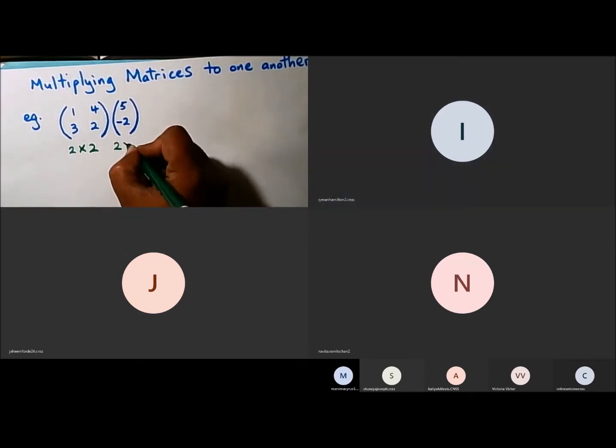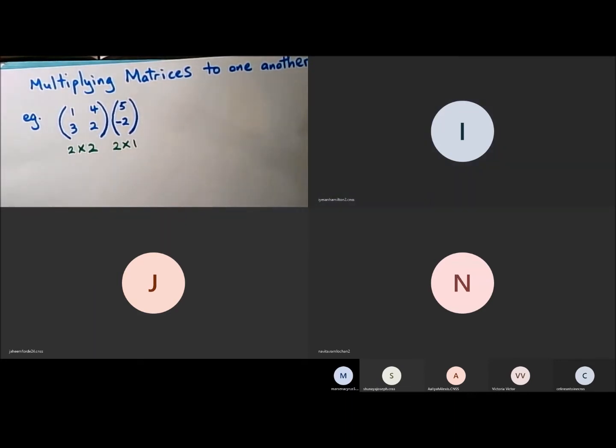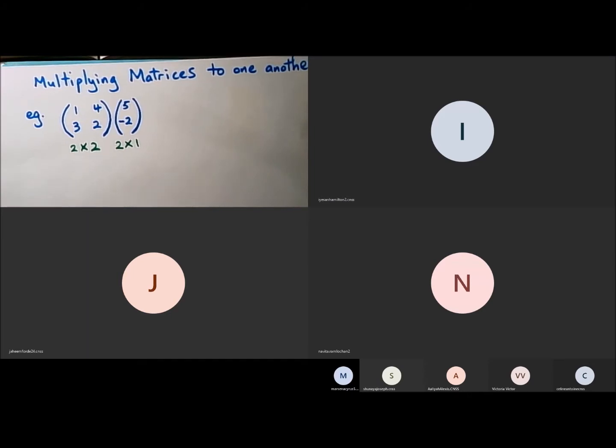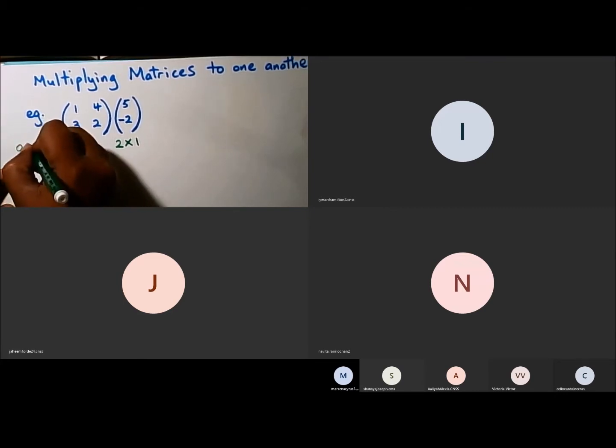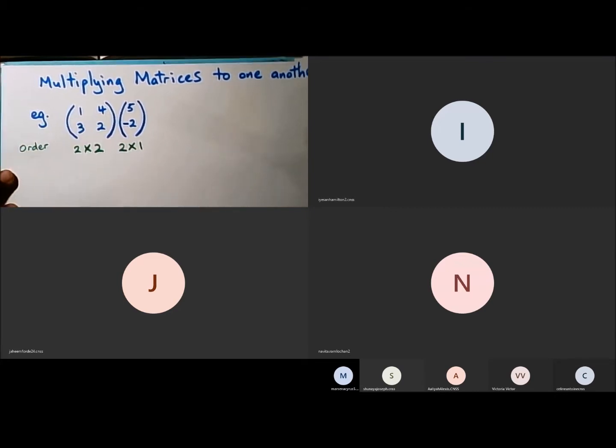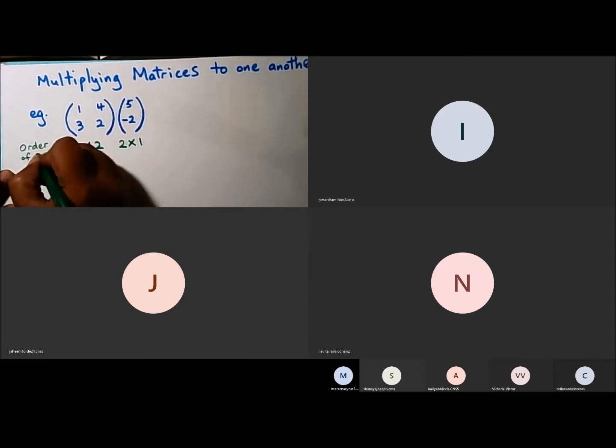So it's 2 rows by 1 column. Okay, so far, if you're getting lost, please stop me and ask me any question, okay? All right, so all I did here was write out the order of the matrix.